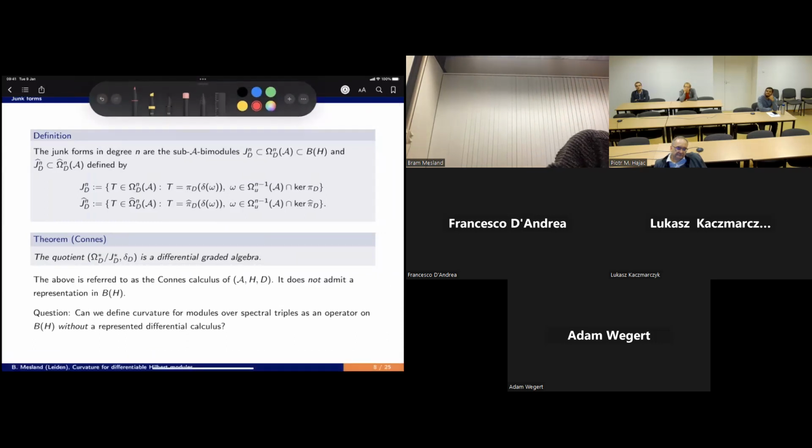So the junk forms are really a clearly defined notion, and they are really these things that are represented images of differentials of universal forms that are actually in the kernel of the representation. And so these are bad forms.